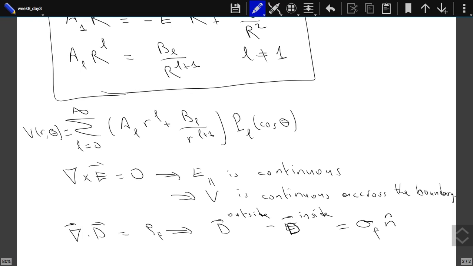Well, basically, no, this is not true. The perpendicular component of D on the outside minus the perpendicular component of D on the inside is equal to sigma f. But in our problem, there are no free charges on the boundary. So in our problem, this should be equal to 0.